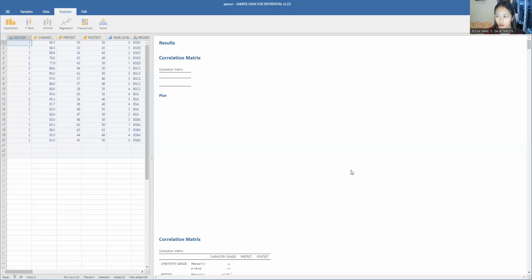So aside from the dependent and independent variable, there's another variable involved and that's the covariate. So allow me to share my screen for us to know how to navigate ANCOVA using Jamovi.